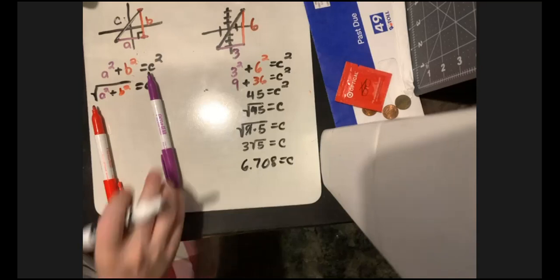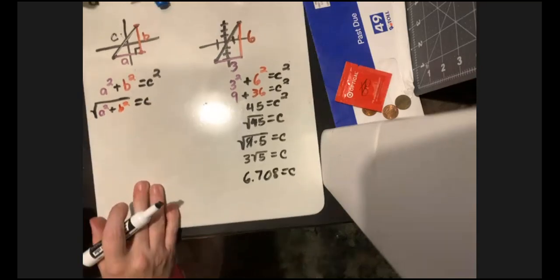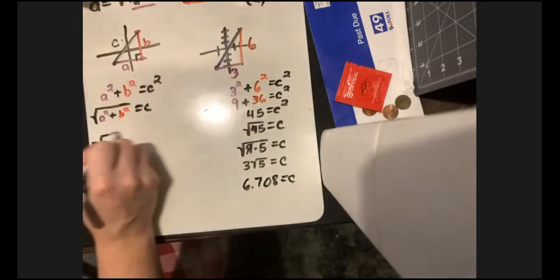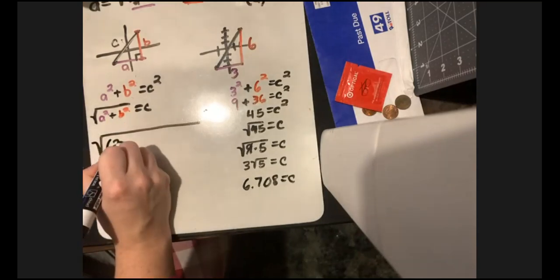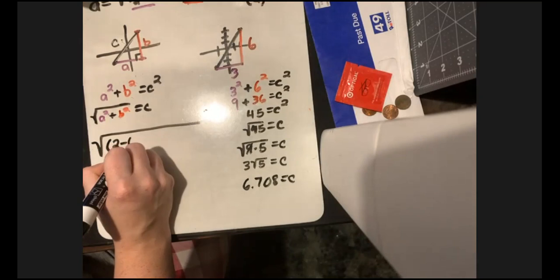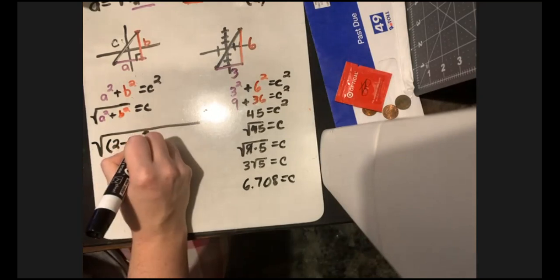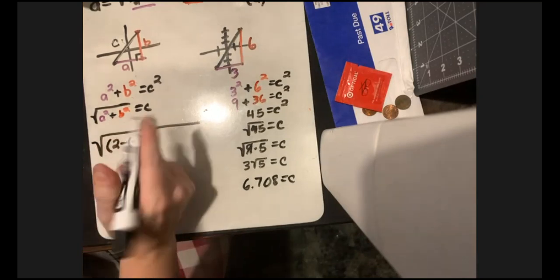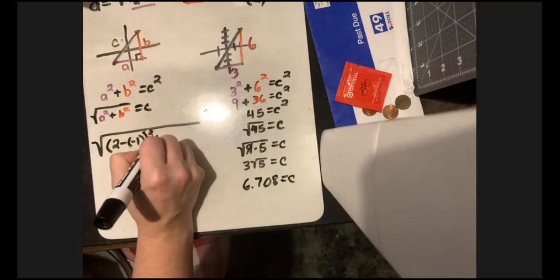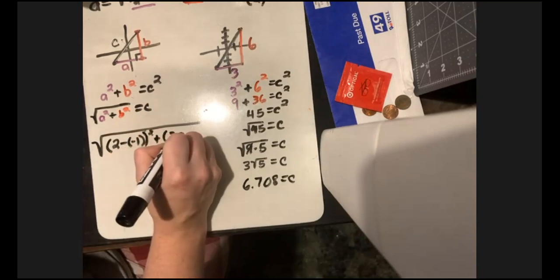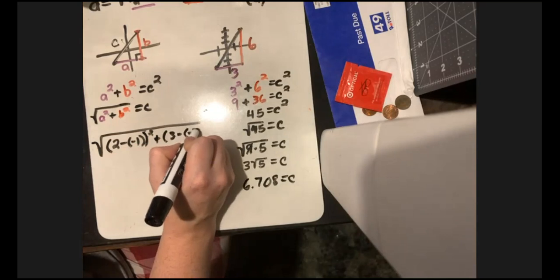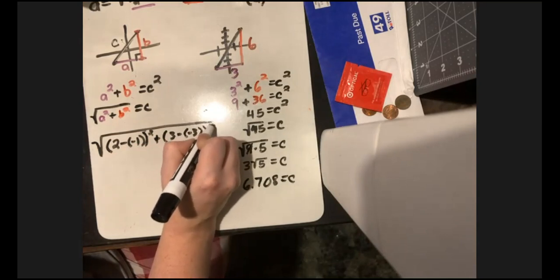Now, let's talk about what this would have looked like in our pretty little formula. Okay, so x2, which was 2, minus x1, which was -1, squared, plus y2, which was 3, minus y1, which is -3, squared.